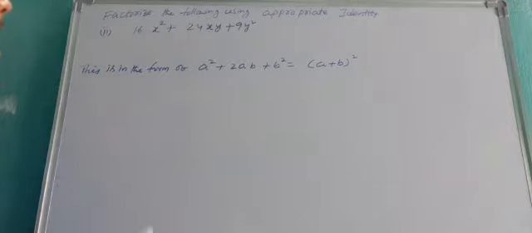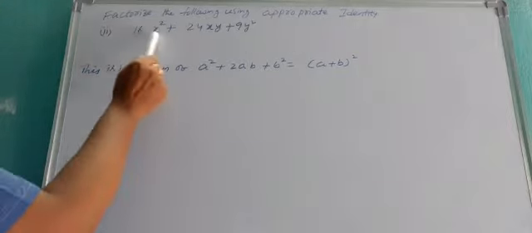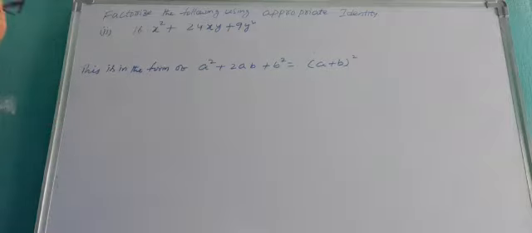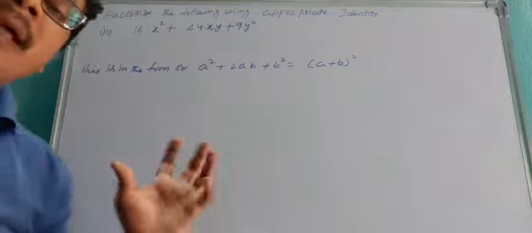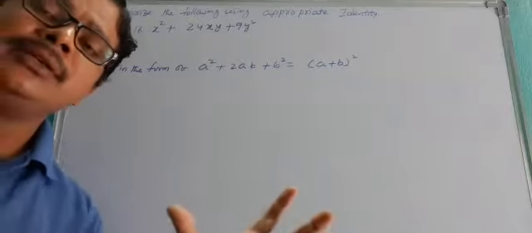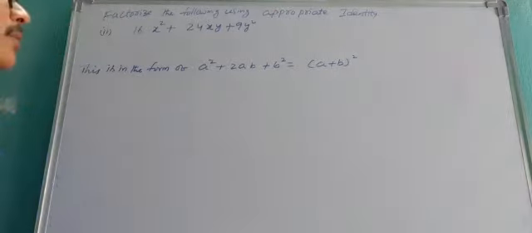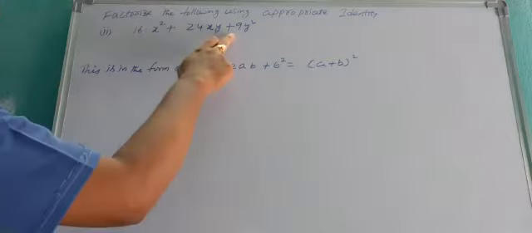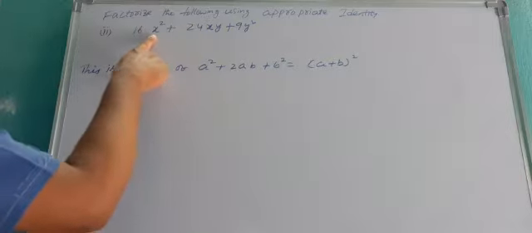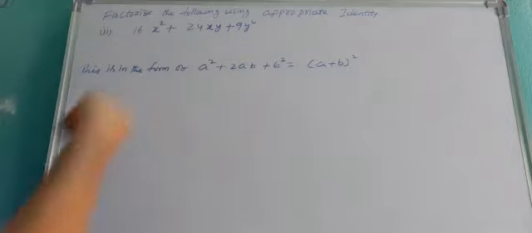The next one, same model, 16x square plus 24xy plus 9y square. Factorize it using an appropriate, that means suitable, identity. This is also positive, positive, in the form of a square plus 2ab plus b square.